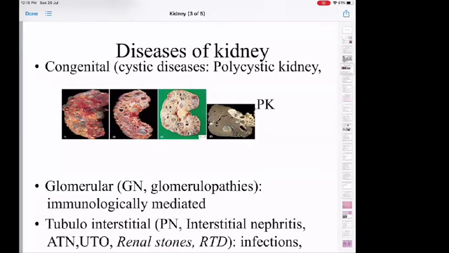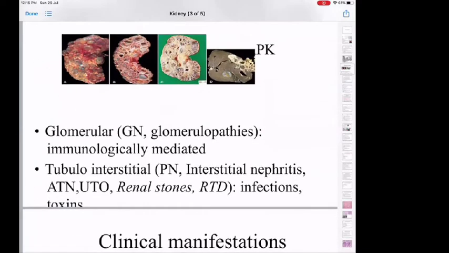These antibodies are responsible for glomerulonephritis and glomerulopathies. Third is the tubulointerstitial disease: interstitial nephritis, acute tubular necrosis, renal stones, and these are infections and toxins. These are the diseases caused by involvement of the tubulointerstitial part.